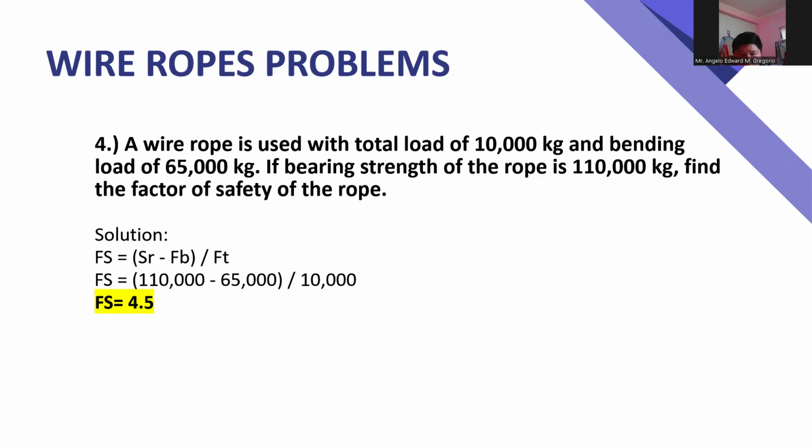The factor of safety is equal to Sr minus Fb over Ft. So Ft is the total load and Sr minus Fb is the ultimate strength. So the ultimate strength of the rope is 110,000 minus 65,000 divided by 10,000. So the answer, the factor of safety, is 4.5.